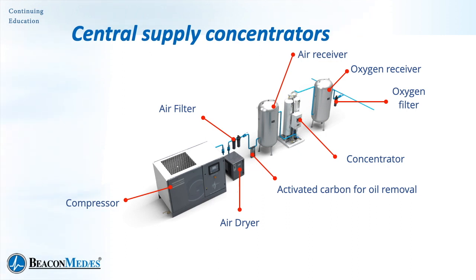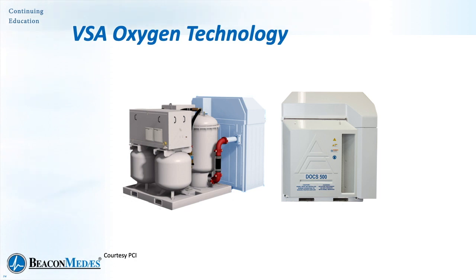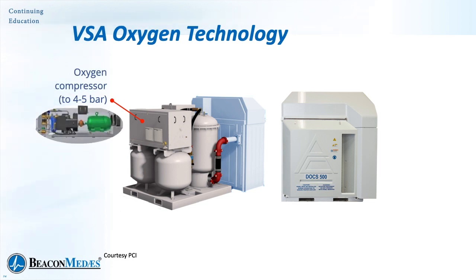There is another technology in use called the VSA. This is a version of VSA. There are several around, but this is one of them. And essentially VSA operates at low pressure, so it needs a booster compressor. So the oxygen is going to be produced at a low pressure. It's then going to be boosted to pipeline pressure, 4 to 5 bar, 50, 55 psi through the booster compressor.